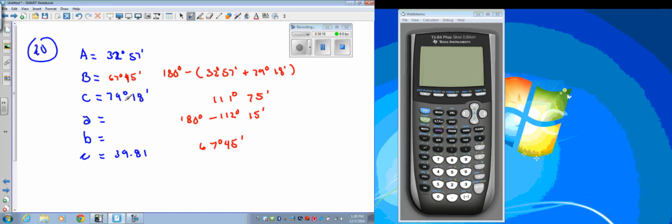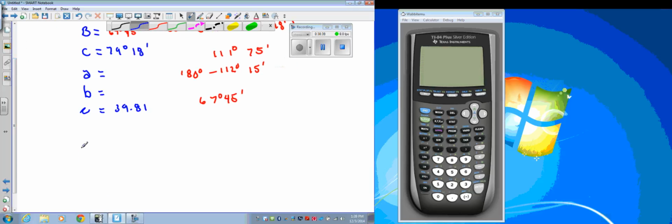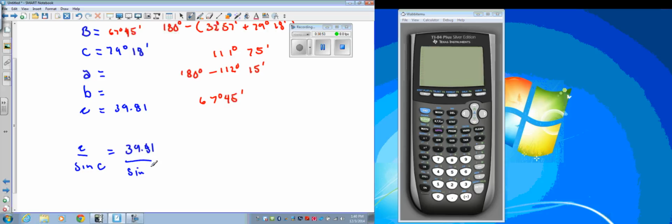Now, notice the ratio that we're going to have in common, right, this is two angles and a side, so it's a law of sines. And so the ratio that we're going to have is C over sine C, right? That'll be the one that we don't have to recalculate if we do it, right? So we're going to do C over sine C, which is 39.81 over the sine of 79 degrees 18 minutes.